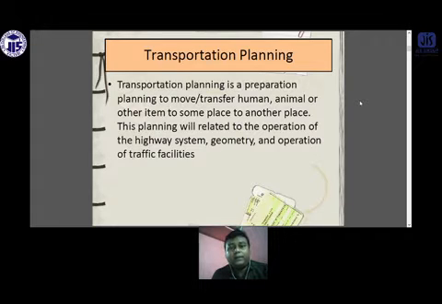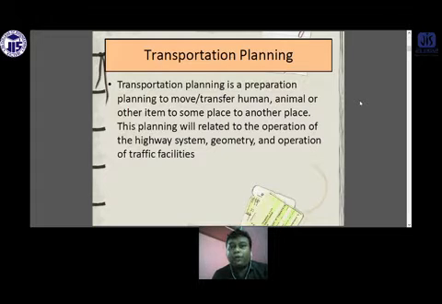Even the planning of how we provide the circular curve, the horizontal curve, meaning the geometric design, the highway system, the operation, meaning which type of mode is allowed on which type of road, how we segregate the lanes, how we install the traffic signal.